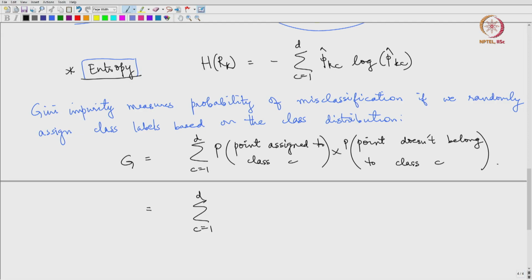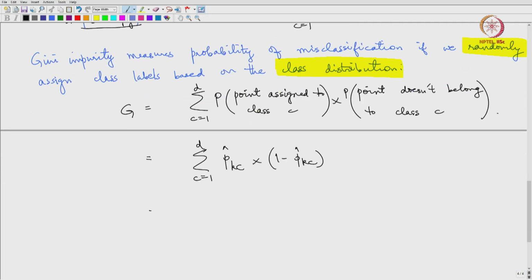The probability that the point is assigned to class C is basically p hat kc, because we are assigning classes based on the class distribution. So we just take the probability of the point being assigned to class C, because we are doing all these assignments randomly, okay, times the probability that the point does not belong to class C, that is simply 1 minus p hat kc.